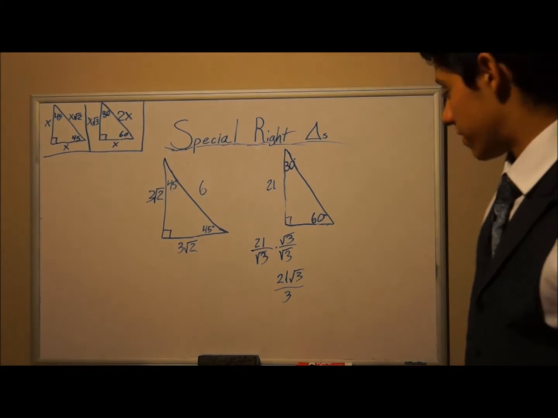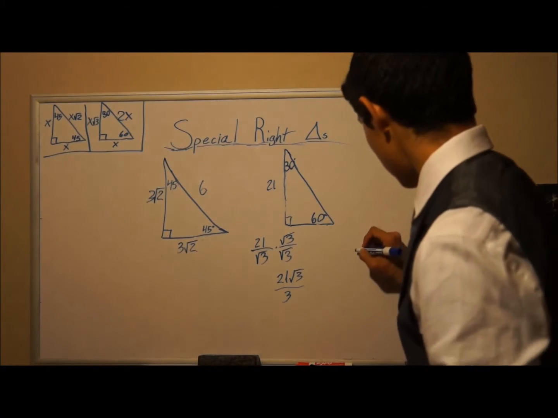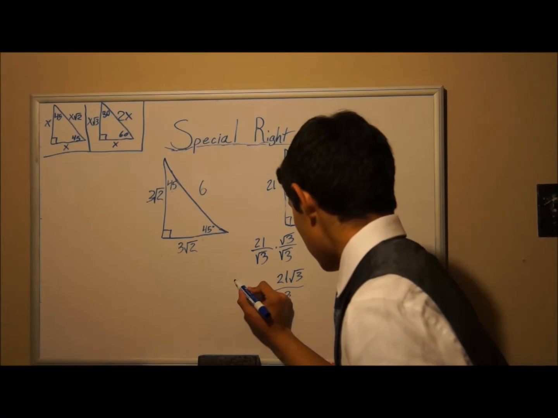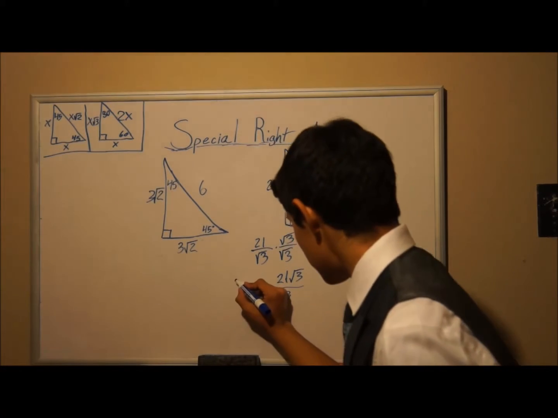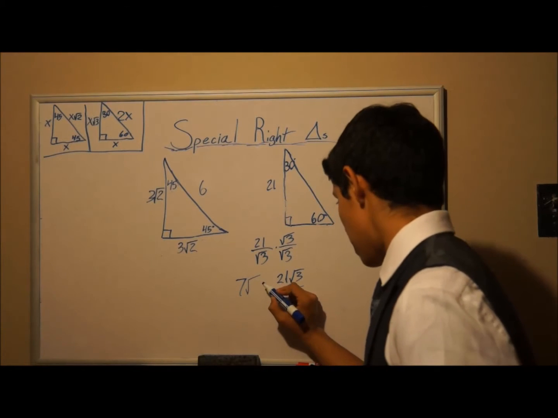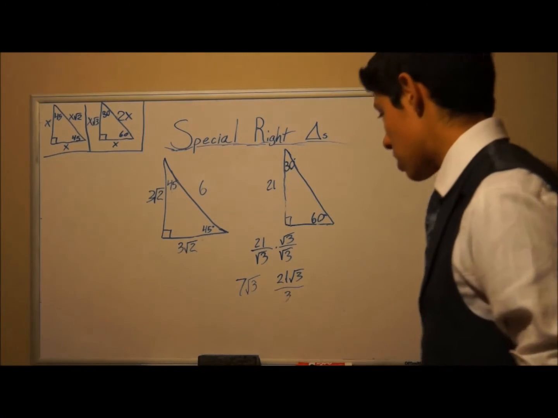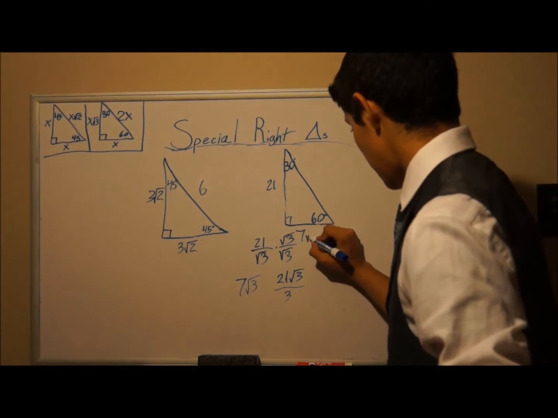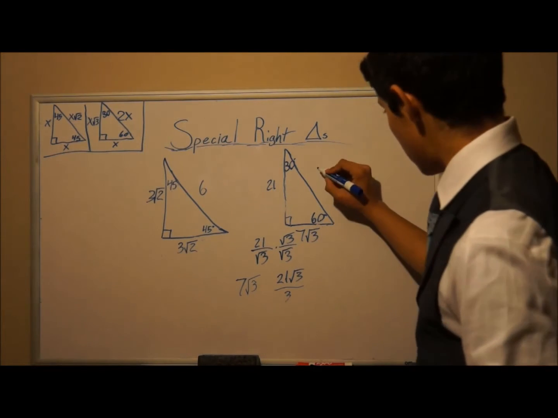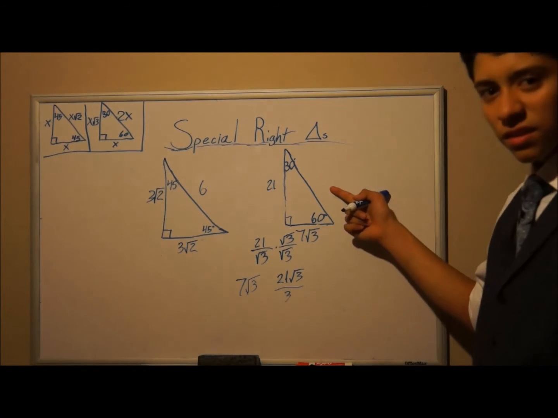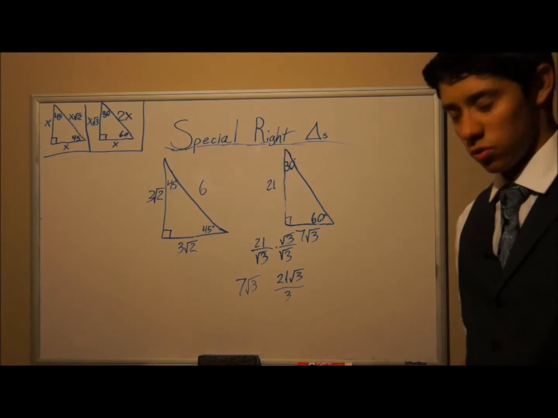But we can still simplify. So let's just put it right here. 21 divided by 3 is 7. So we will end up with no denominator and just 7 square root 3. Having this, we can input that right there. And with this we have to multiply by 2.